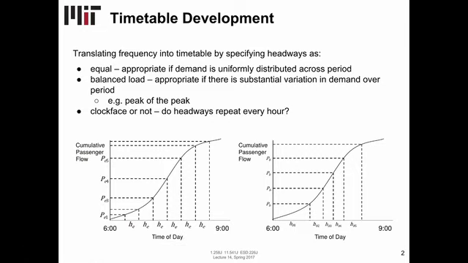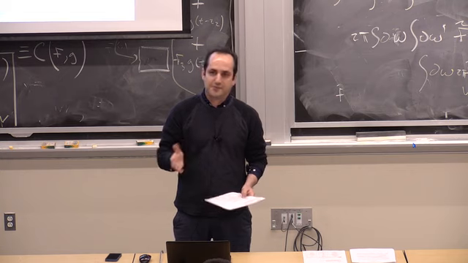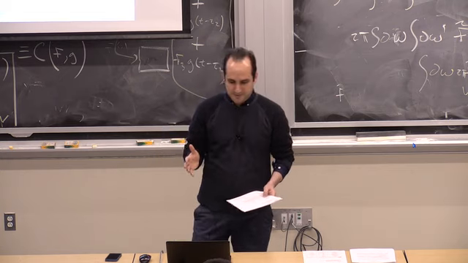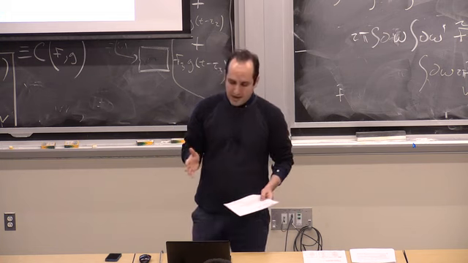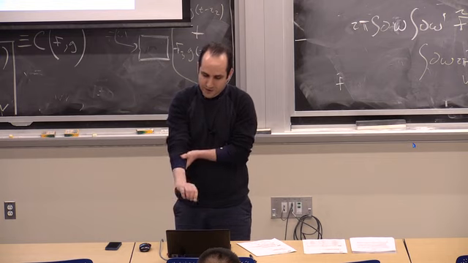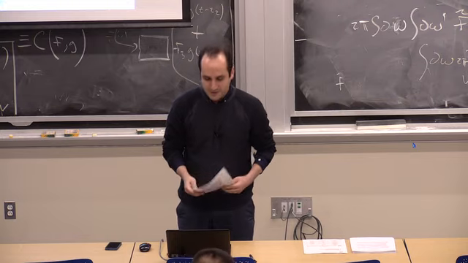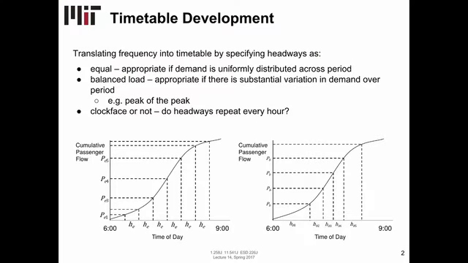However, if the demand is not uniformly distributed during the period, for which an example could be the peak of the peak, that usually happens, depending on the network, between 7 and 8 or 7:30 and 8:30, then you may want to work out the headways and the timetable in a way that results in balanced loads and equal loads.